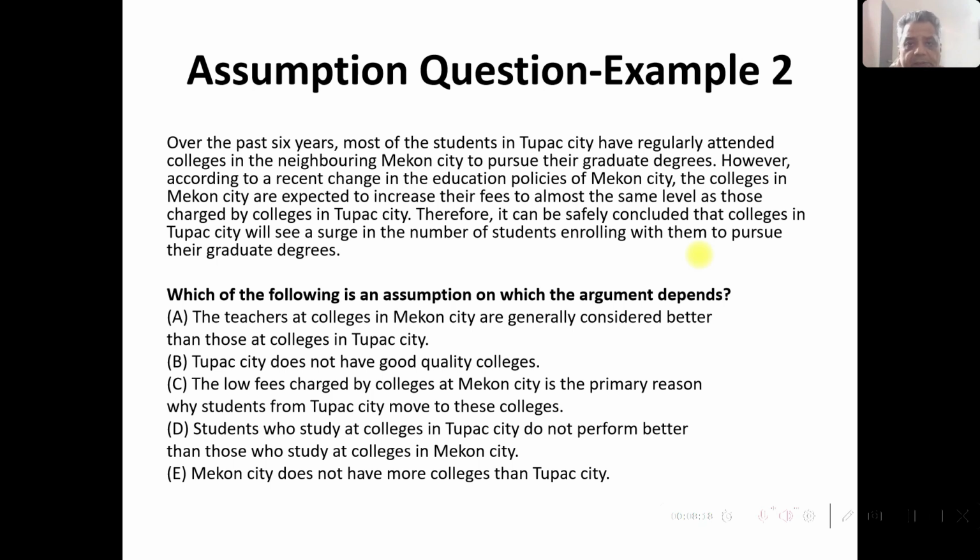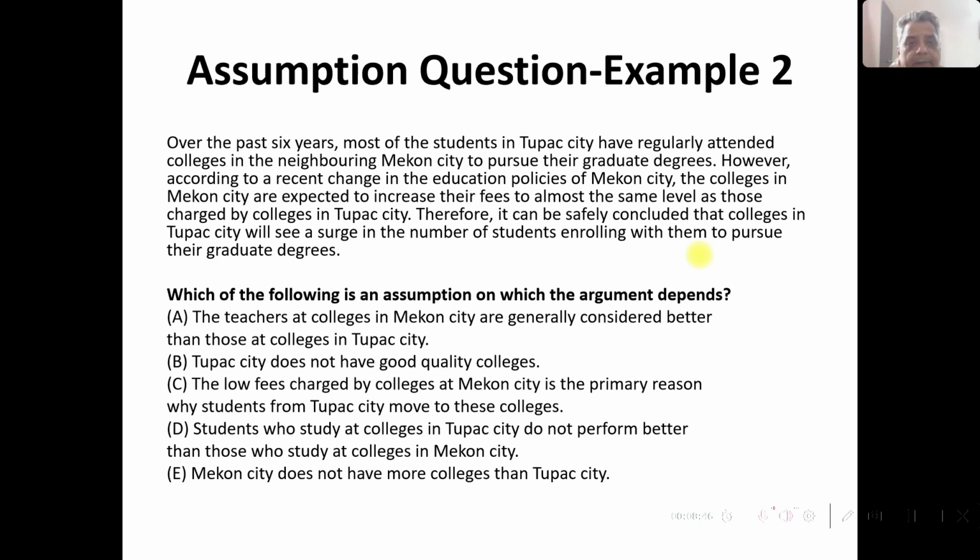So here the conclusion is, it can be safely concluded that colleges in Tupac City will see a surge in the number of students enrolling with them to pursue their graduate degrees. And the premise is that the colleges in Mekong City are expected to increase their fees to almost the same level as those charged by colleges in Tupac City.